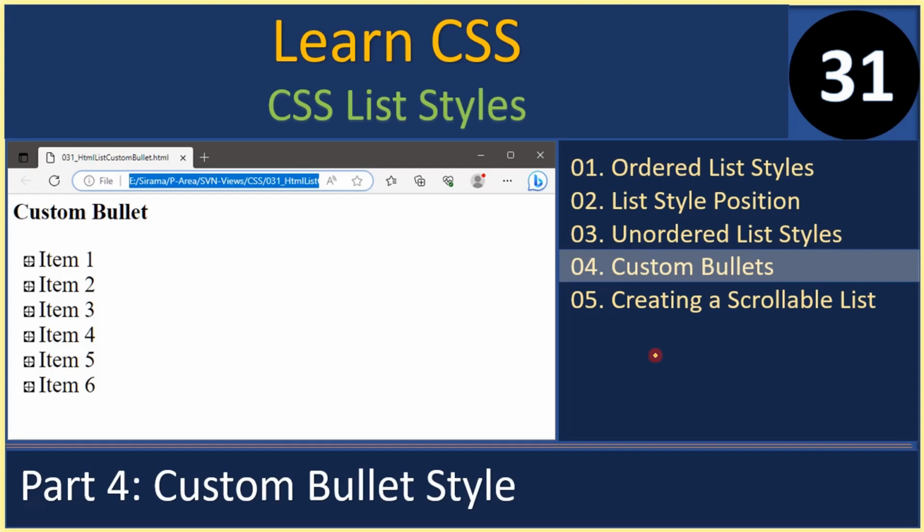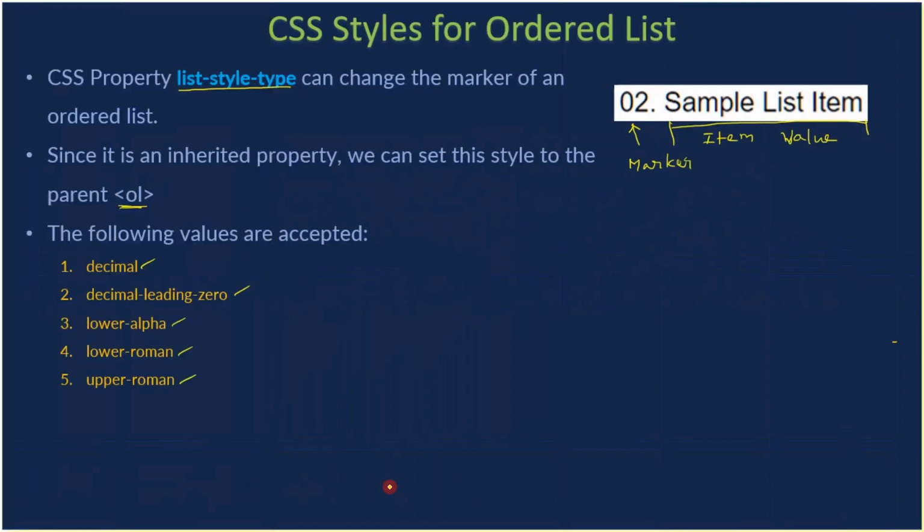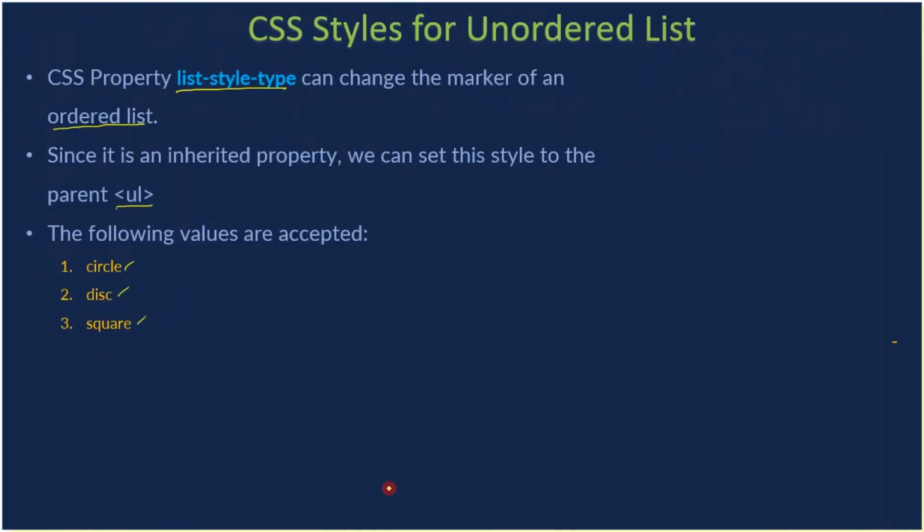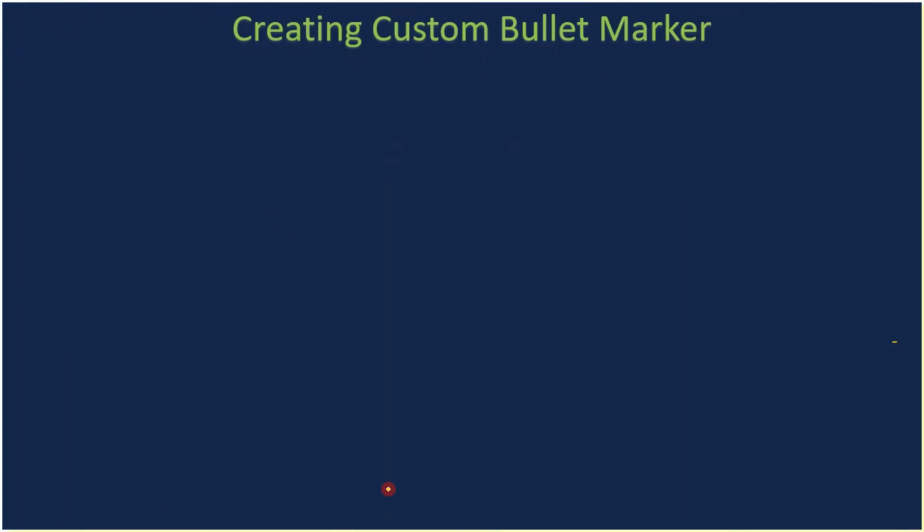In this video we will see how to set a custom bullet style for our unordered list. We know that an unordered list uses bullets and an ordered list uses numbers.